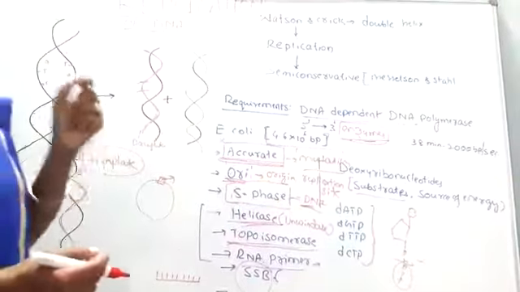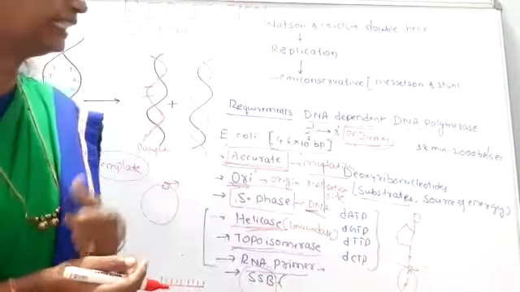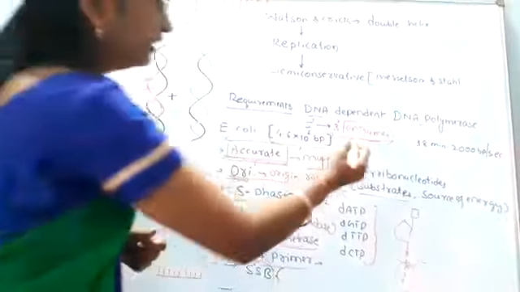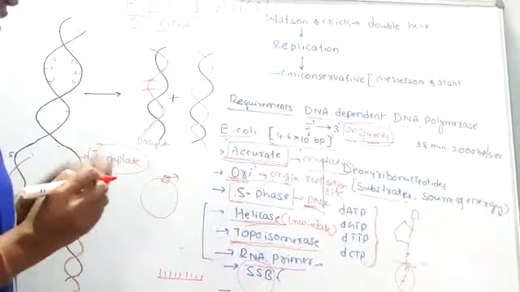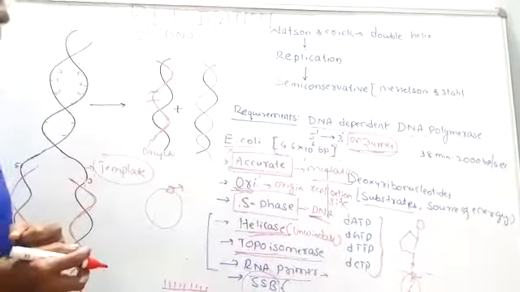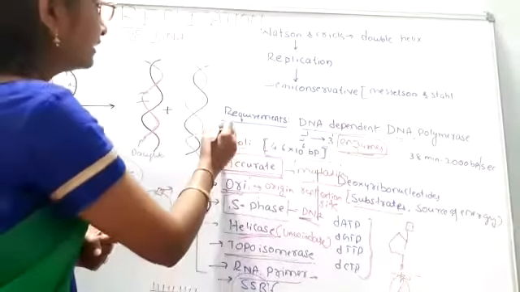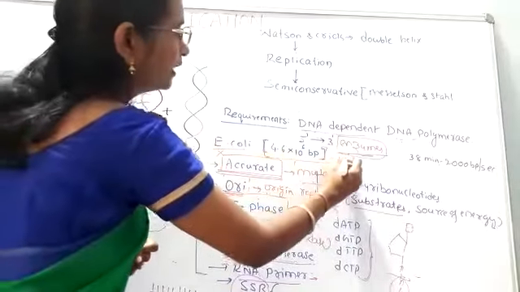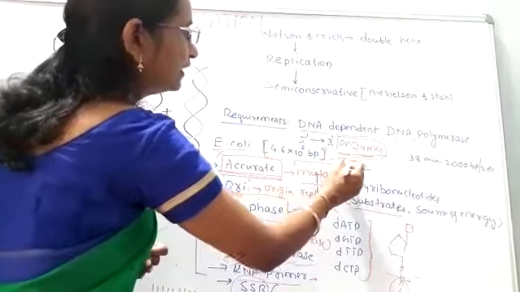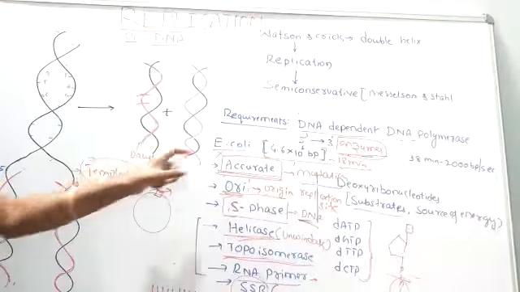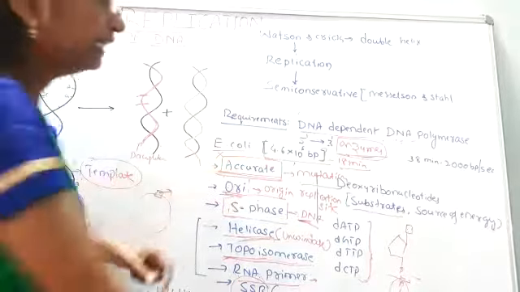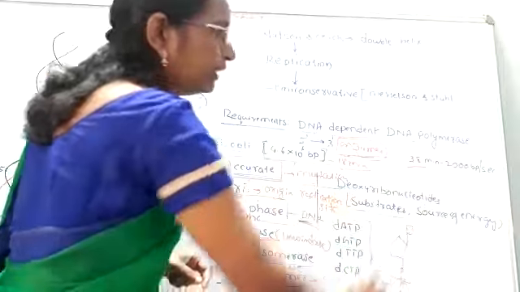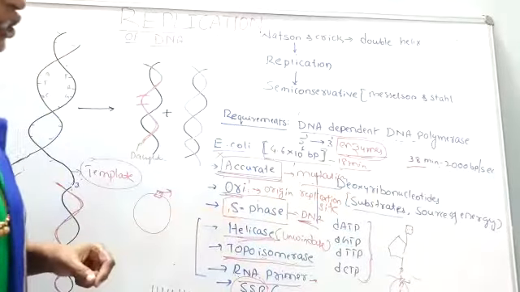Okay, then what is the speed of the replication in the case of prokaryotes, that is, in E. coli? In E. coli, the replication process takes about 18 minutes to complete. But in the case of humans, it takes 38 minutes to complete the process of replication.